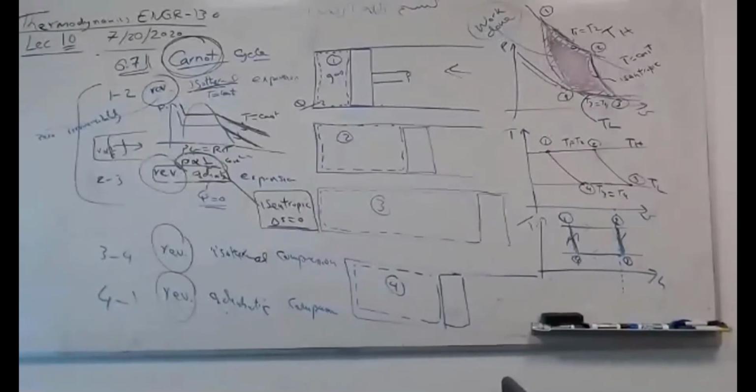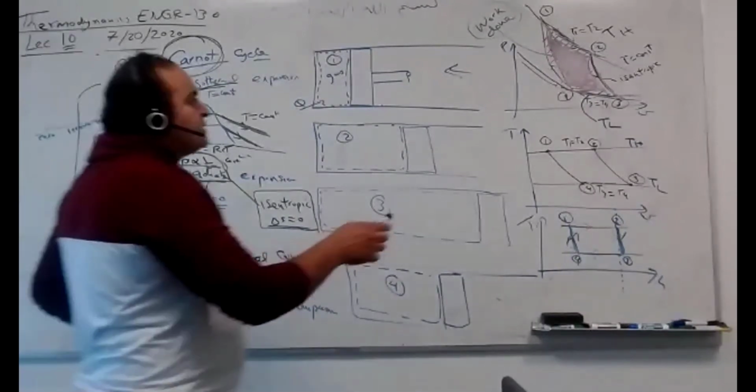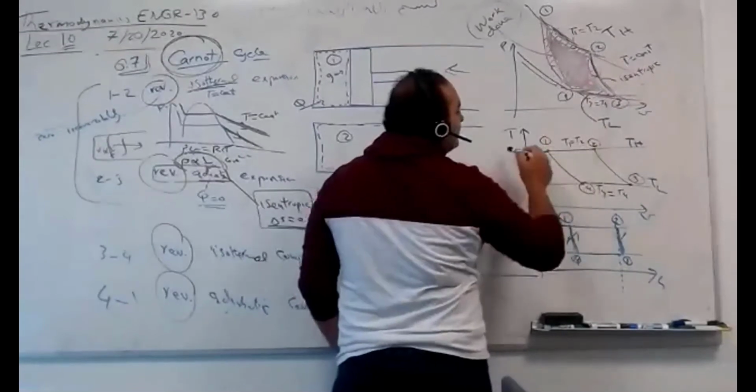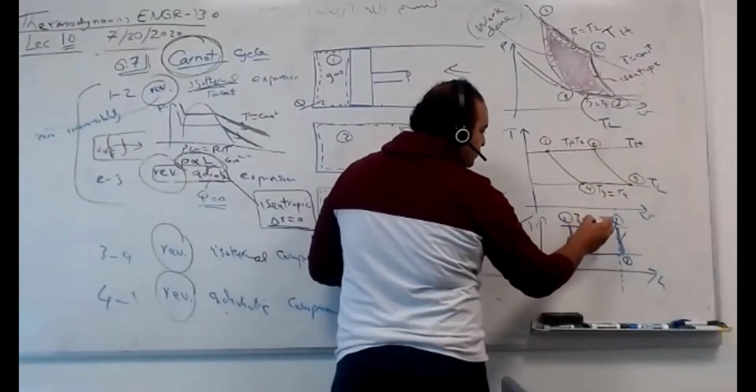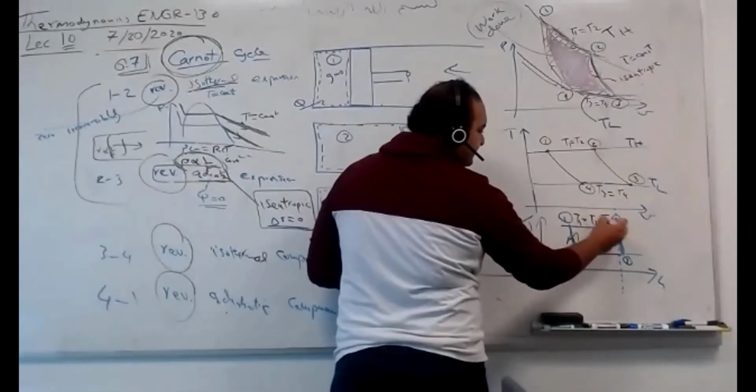Okay? The most important thing here, guys, is T1 equal T2 equal T high, for example. Everyone is following me? Yeah. So T1 equal T2 equal T high. This temperature is called T high, TH.